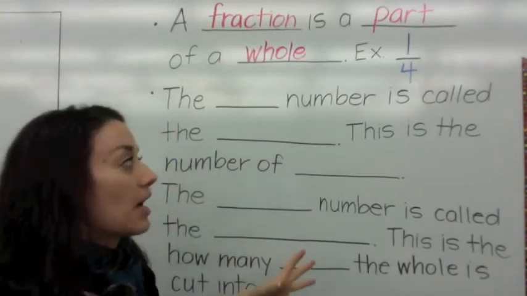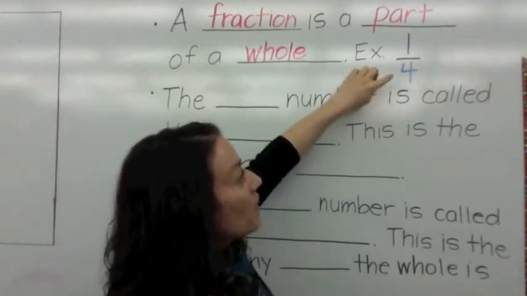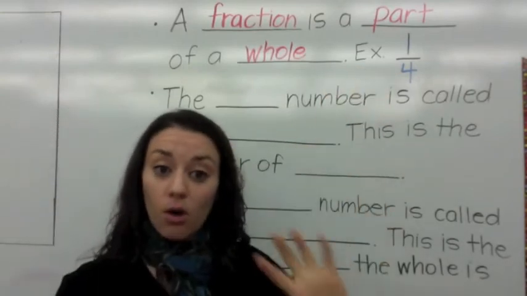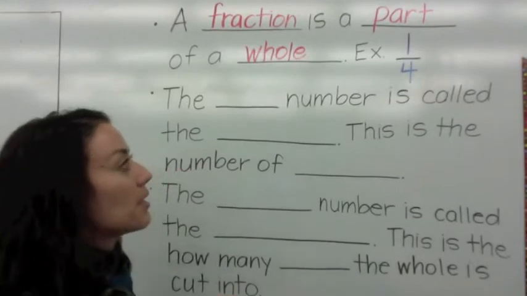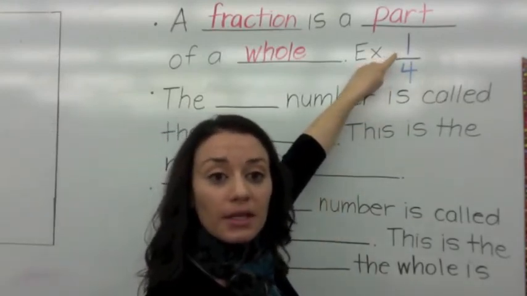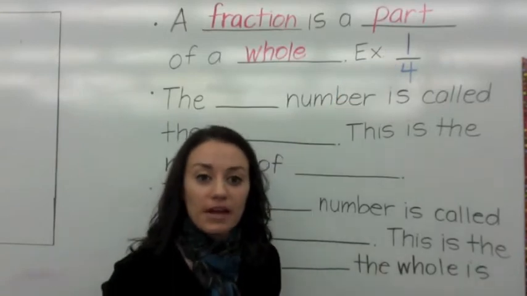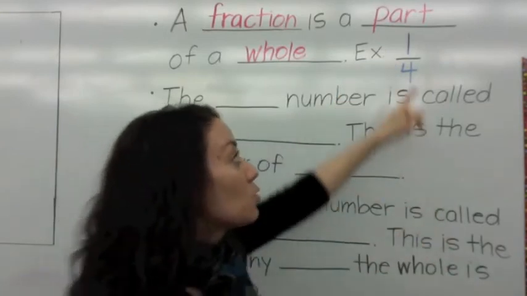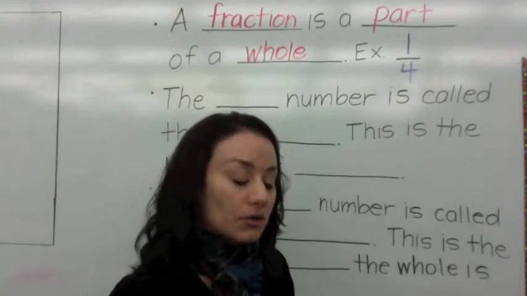It's a special type of number that has a part of a whole. Okay, so for example, how would you read this fraction? It says 1 divided by 4, doesn't it? 1 divided by 4. That means 1 out of 4 parts.